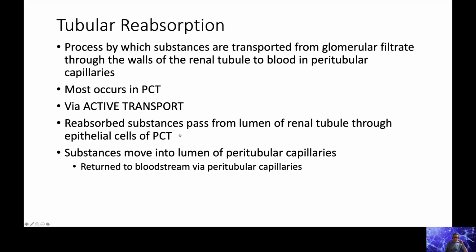Most, again, 65%, is going to occur in the proximal convoluted tubule. About 15% is going to happen in the loop of Henle. About 10% actually, I think, happens in the distal convoluted tubule, and a tiny little bit is going to happen in the collecting duct. But the big player in terms of reabsorption is going to be the proximal convoluted tubule.